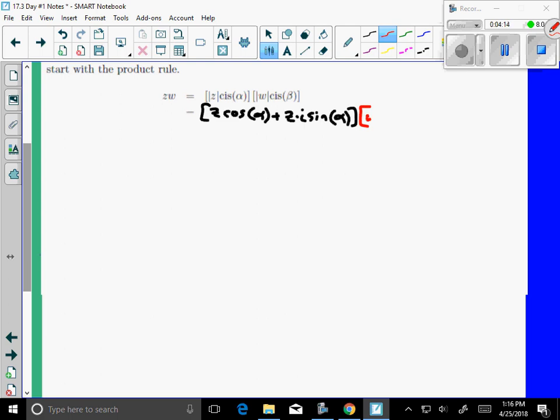So this would be w cosine of beta plus wi sine of beta. So what I want in the end is I want to come out with this. Right, that's where I want to end up.